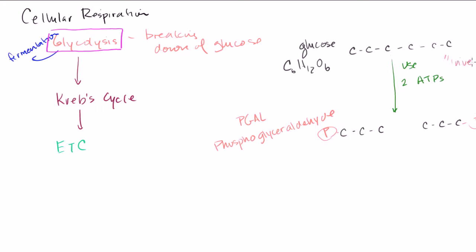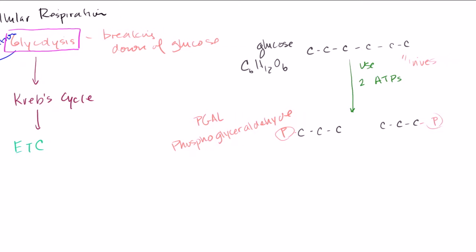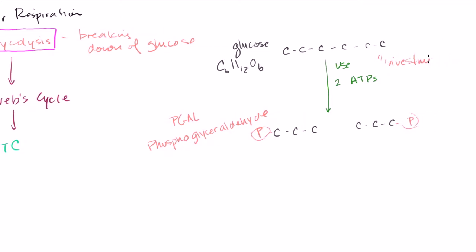If we use a business analogy, investment phase. And then each of these 2 P-gal molecules can then go into the payoff phase. In the payoff phase, each of these P-gals turn into pyruvate, which is another 3-carbon compound, but it's reconfigured.